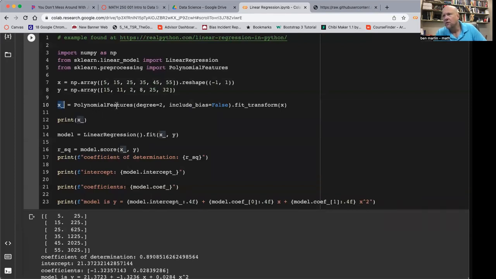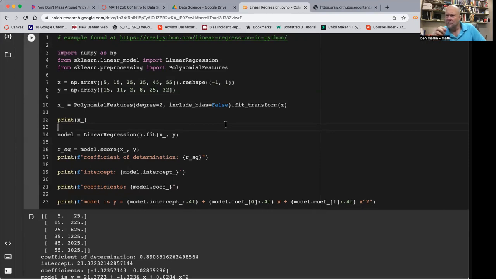So the x underscore feeds to polynomial features. Degree is 2, so we're doing a second degree polynomial, a quadratic. Include bias equals false means not to include the intercept on this.